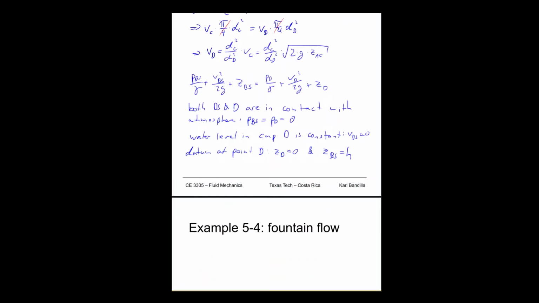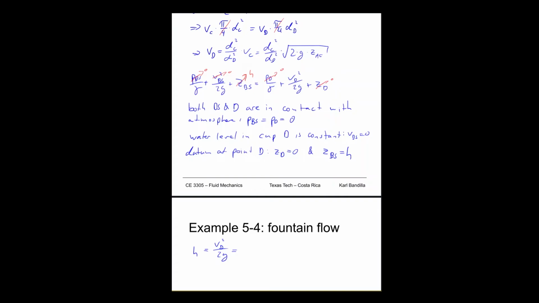So if we have all that, we can look back into Bernoulli's equation. We said PBS and PD are equal to 0, ZD is equal to 0, and VBS is equal to 0. Just like before, which makes sense, it's the same setup. We just have VD and ZBS, which is just H. So H is equal to VD squared over 2G.